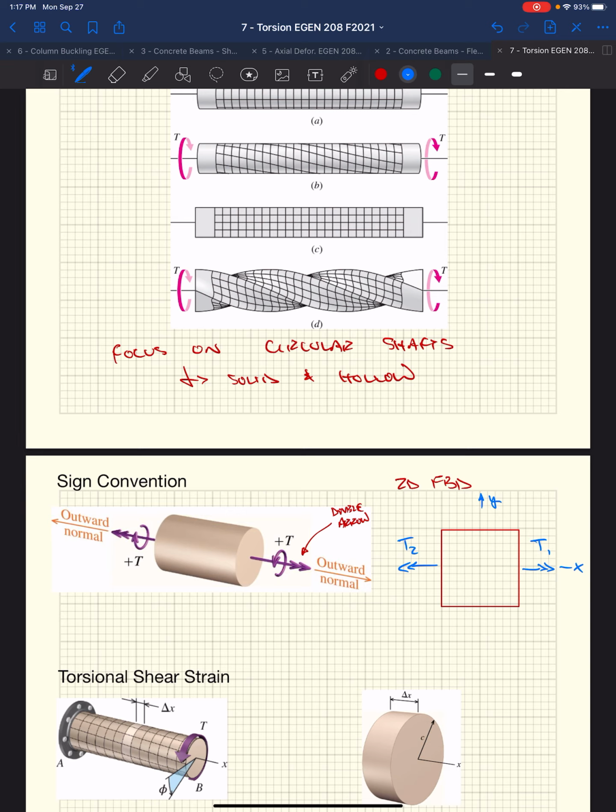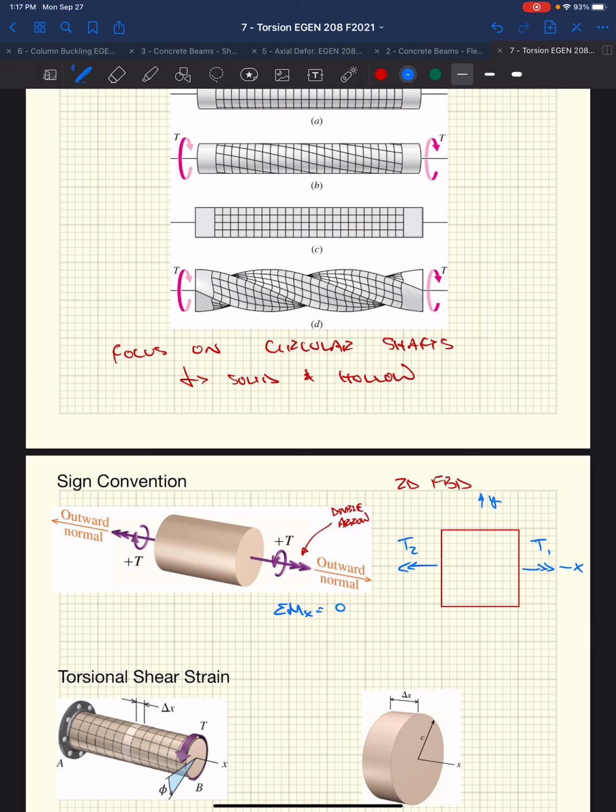Positive X to the right, positive Y up. And we could sum moments about the X direction, right? Typically, we've been summing moments in and out of the page, right? With 2D beam problems, and axial problems. Well, in this case, now we're going to be summing moments along the x-axis or along the plane of the page, okay?